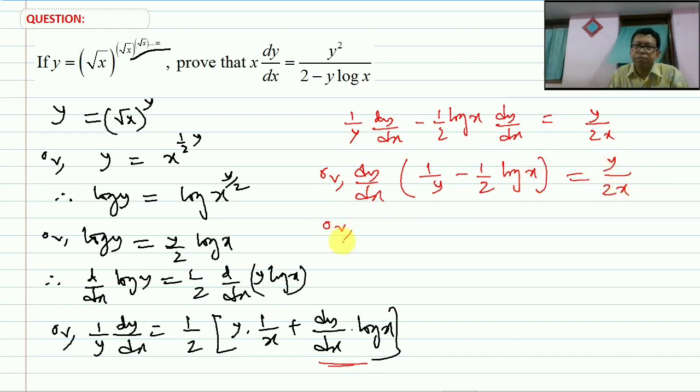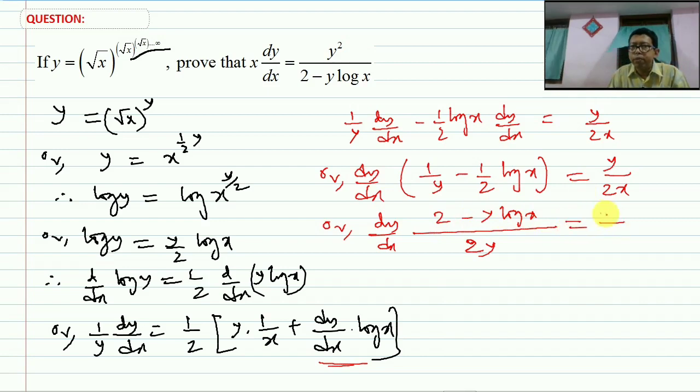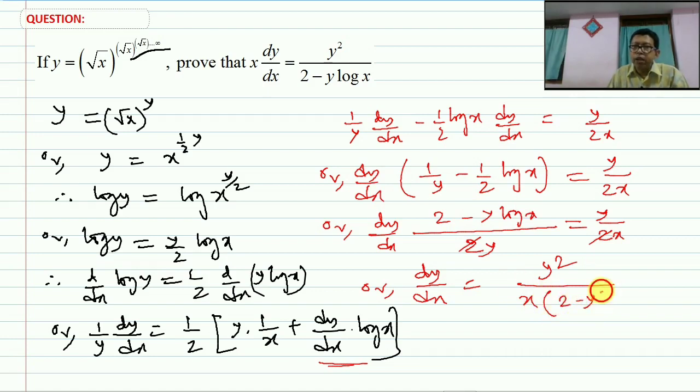Make an LCM, so dy/dx times (2 minus y log of x) divided by twice y is equal to y divided by twice x. These two may be cancelled. So now transferring, dy/dx is equal to y into y, that is y squared, divided by x into (2 minus y log of x).